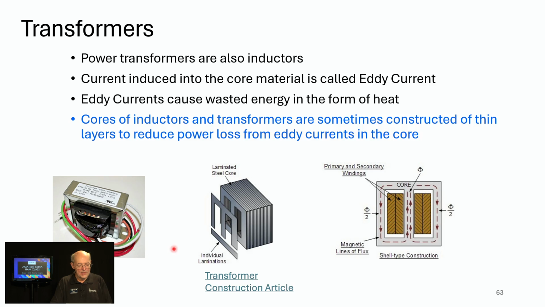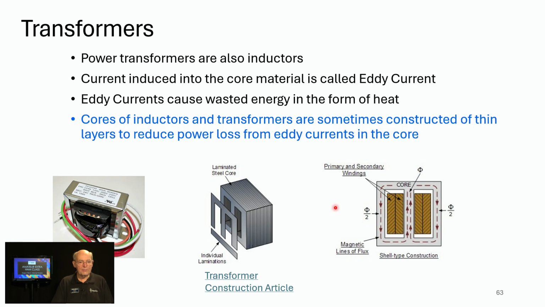So when you think about it here, here's some internal construction detail. We've got an iron core here, and if you've cut away some of these windings, this is what you'd see. You'd have one layer that's the primary and one the secondary, surrounded by this iron core.